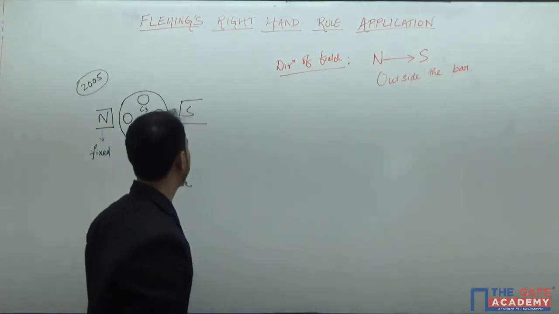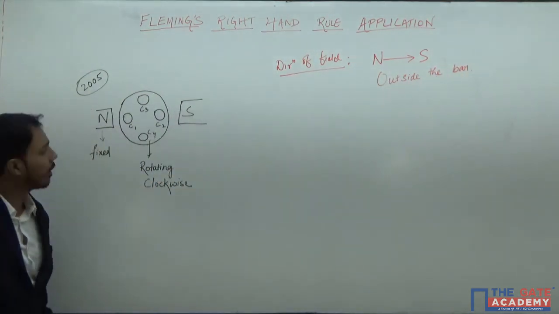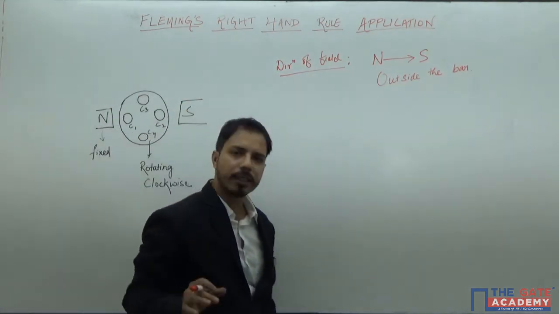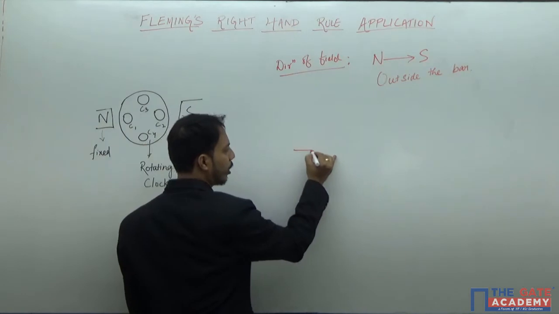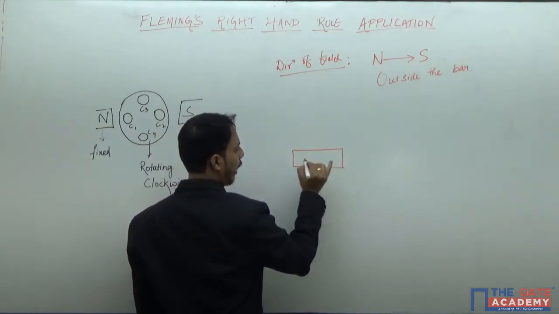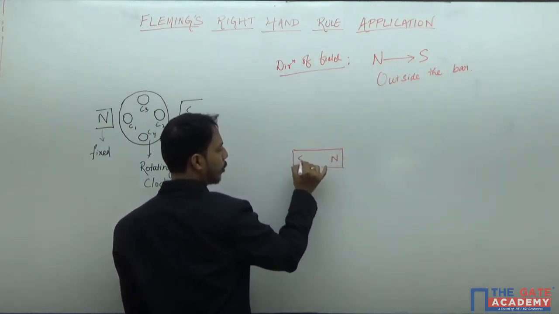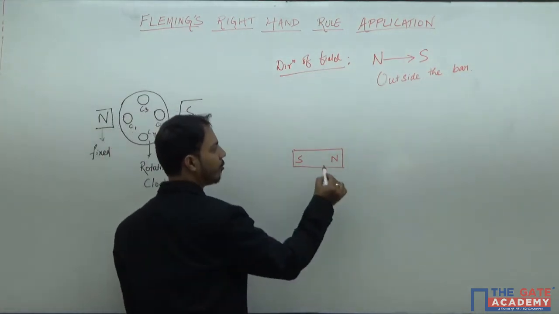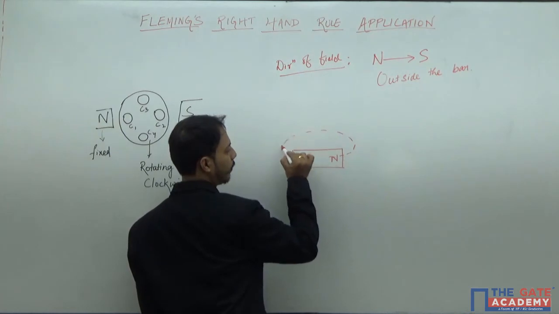Now you may ask, where is the bar here? Always we have to understand that if there is a North Pole and a South Pole, this is a magnetic bar. The fields will be something in this way.